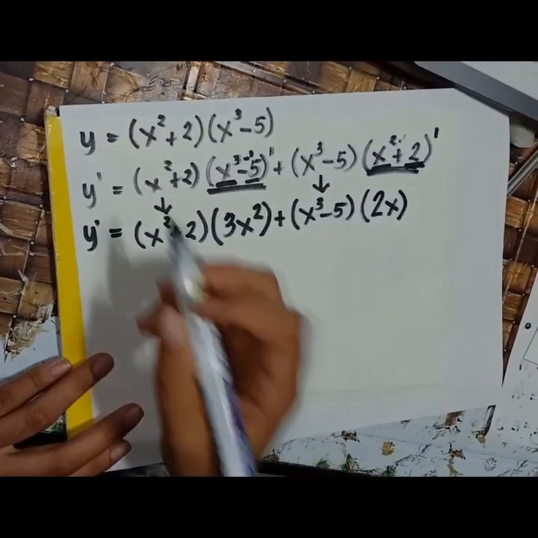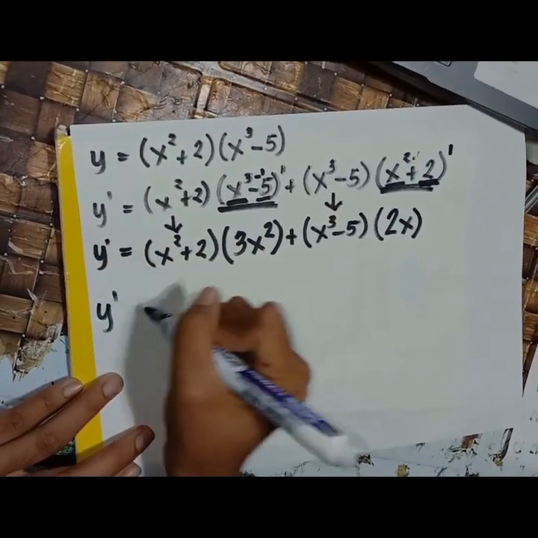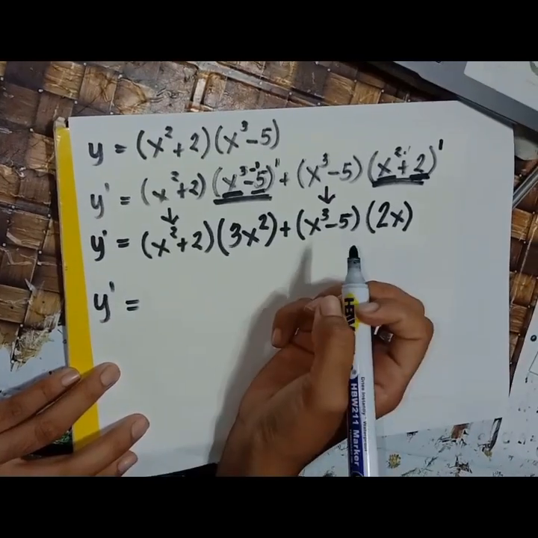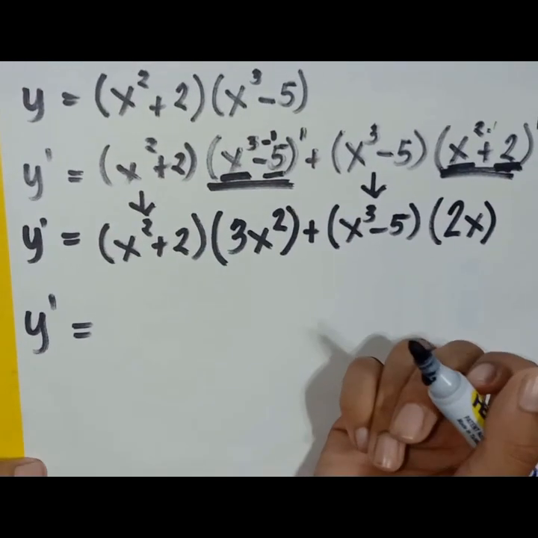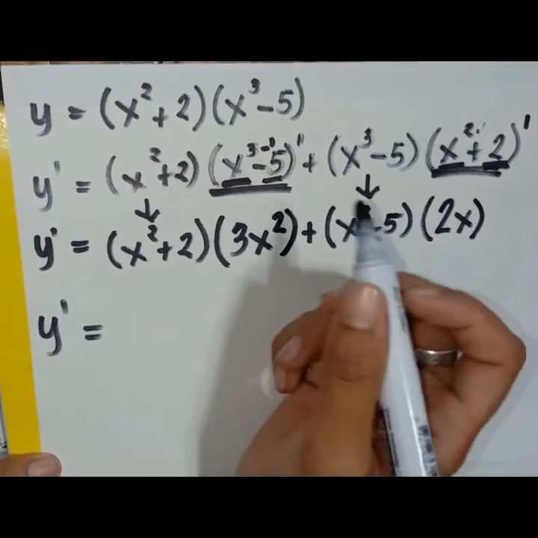So, let's just simplify. We will simplify using distributive property.